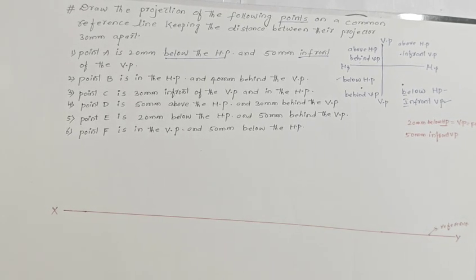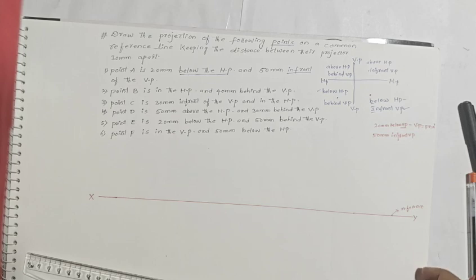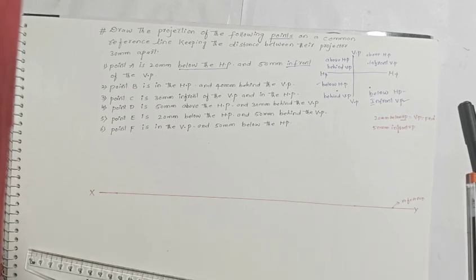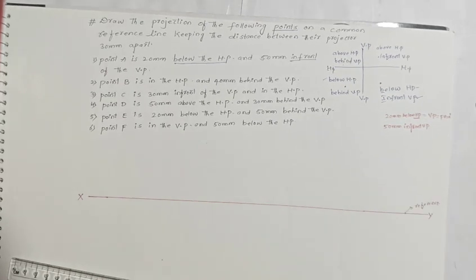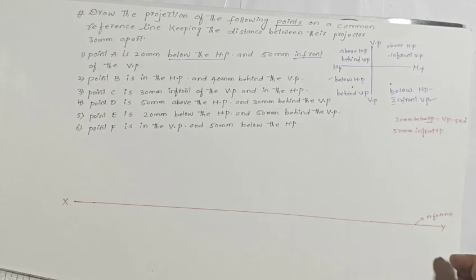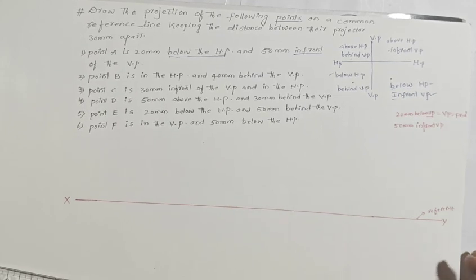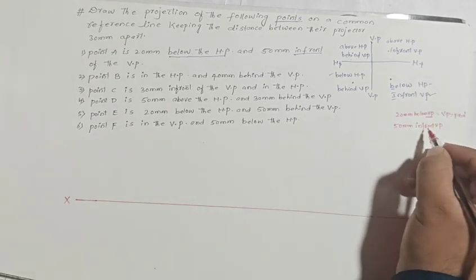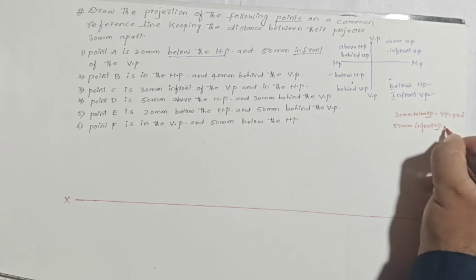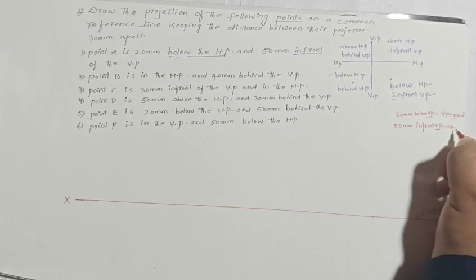Check this one. A dash. Clear? Then 50 mm in front of VP, we need to draw the projection of the point on the horizontal plane.